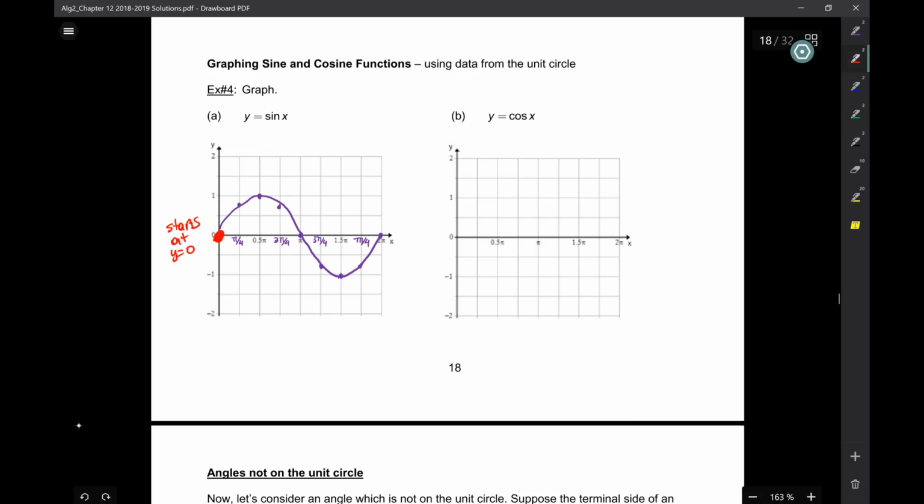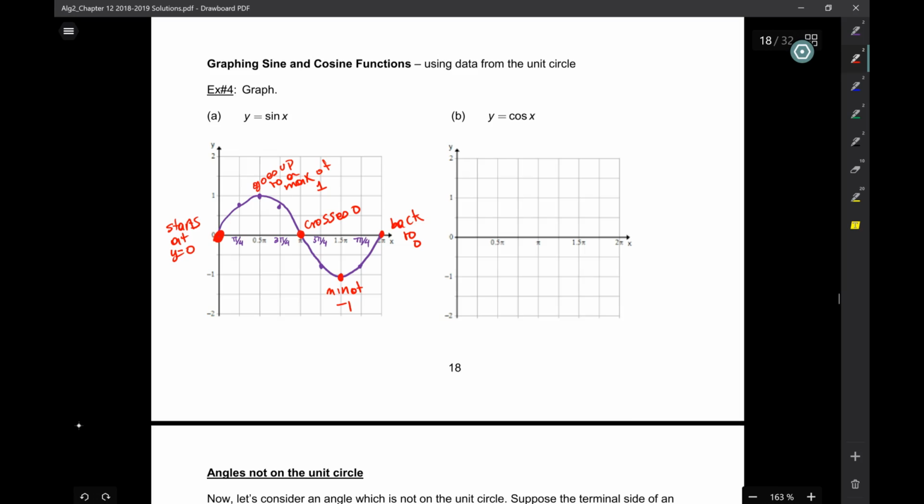Goes up to a maximum of how much? 1. Then it hits what point? 0. Then minimum of negative 1, and then back to 0.